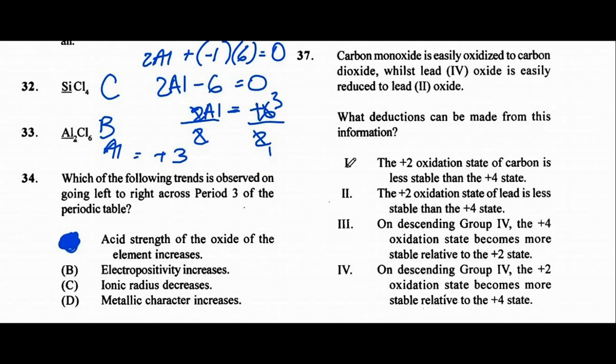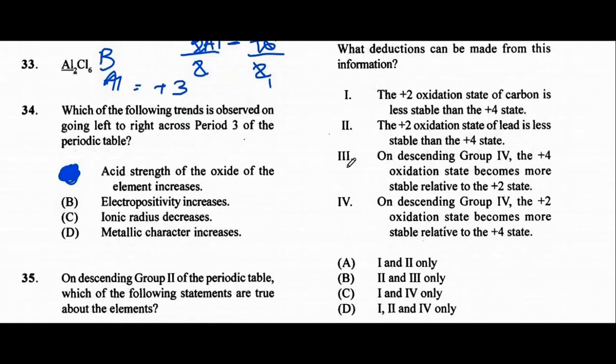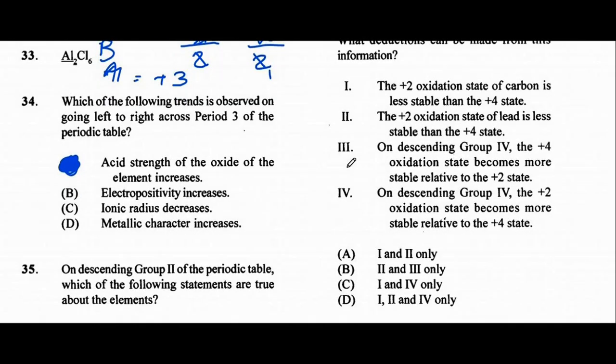37. Carbon monoxide is easily oxidized to carbon dioxide, whilst lead(IV) oxide is easily reduced to lead(II) oxide. What deductions can be made from this information?